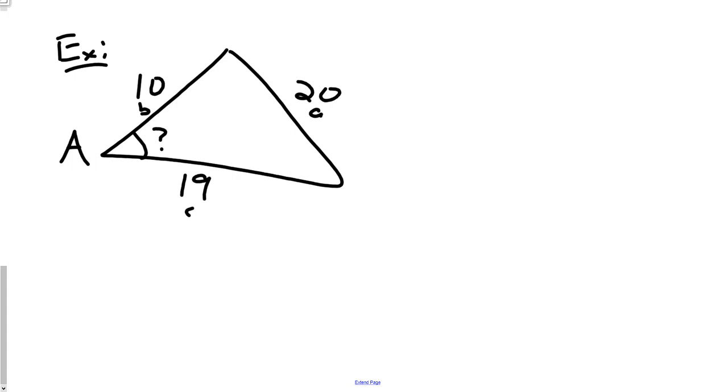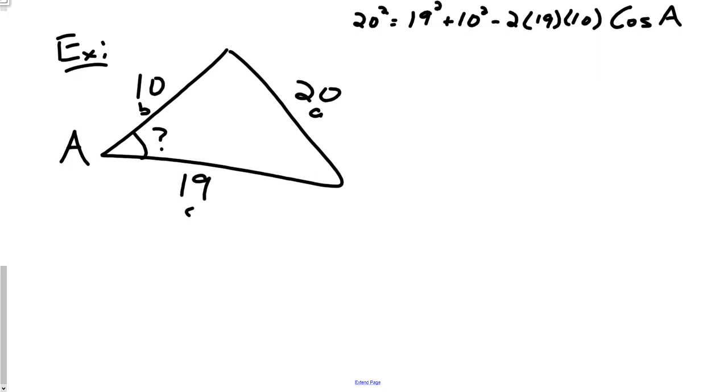So it's going to look like this: 20 squared equals 19 squared plus 10 squared minus 2 times 19 times 10 cosine A. Okay, so same thing, work everything out. 20 squared is 400, 19 squared is 361. 190 times 2, 380.